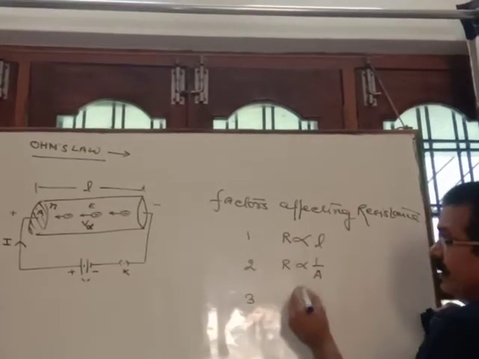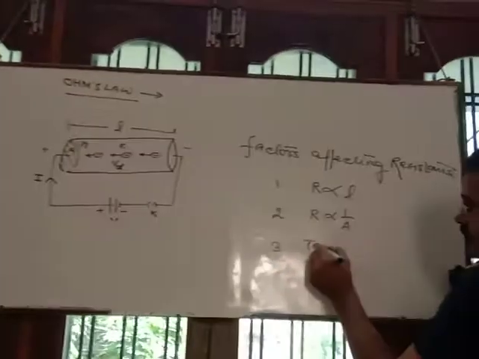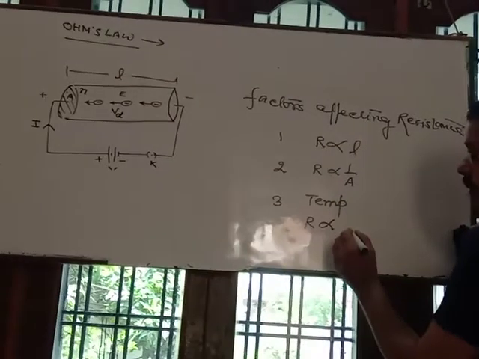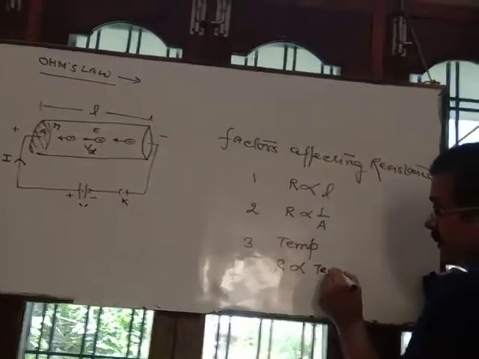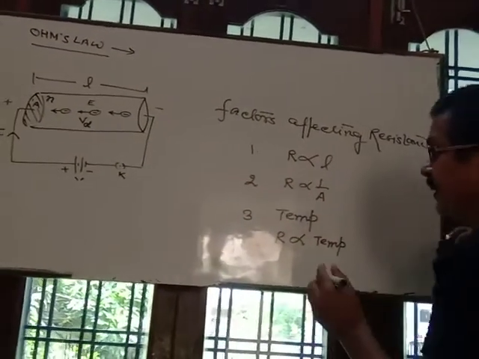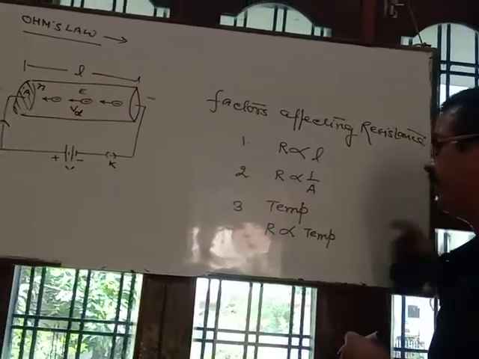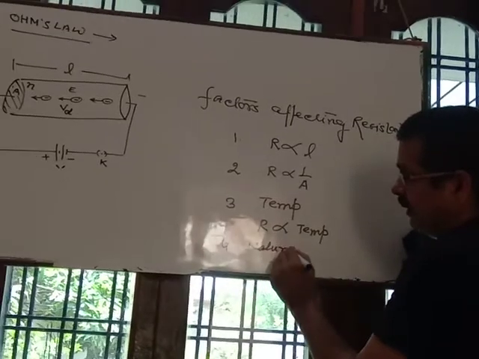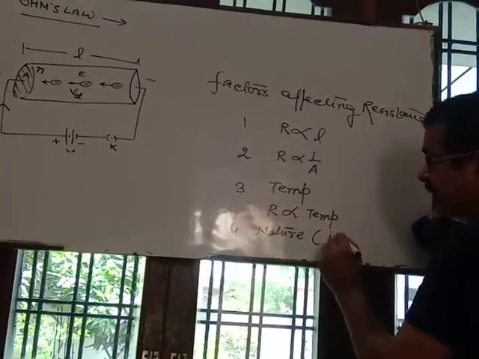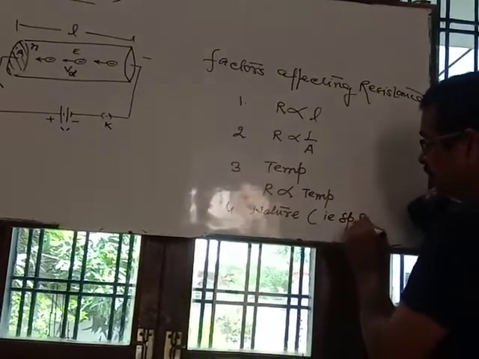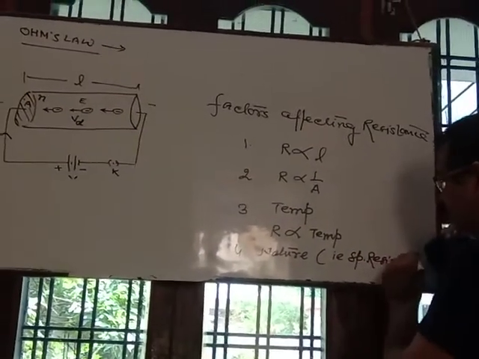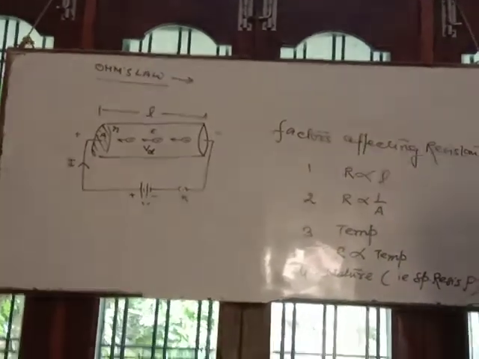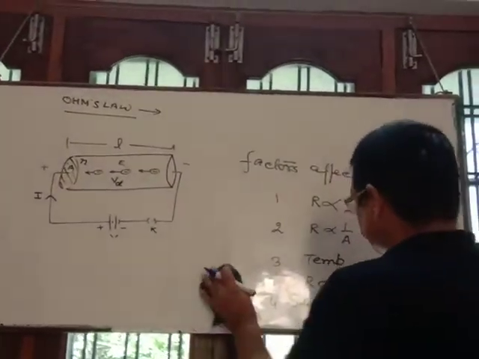Number 3, temperature of the conductor. Resistance is directly proportional to the temperature of the metallic conductor. Remember, we are talking about a metallic conductor. And fourth, nature of the conductor, that is, its specific resistance, that is rho. So these are the 4 factors on which the resistance of a metallic conductor depends.